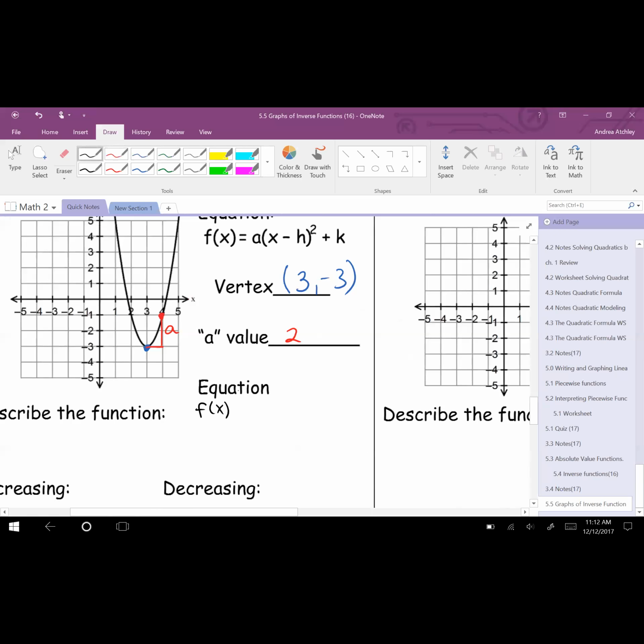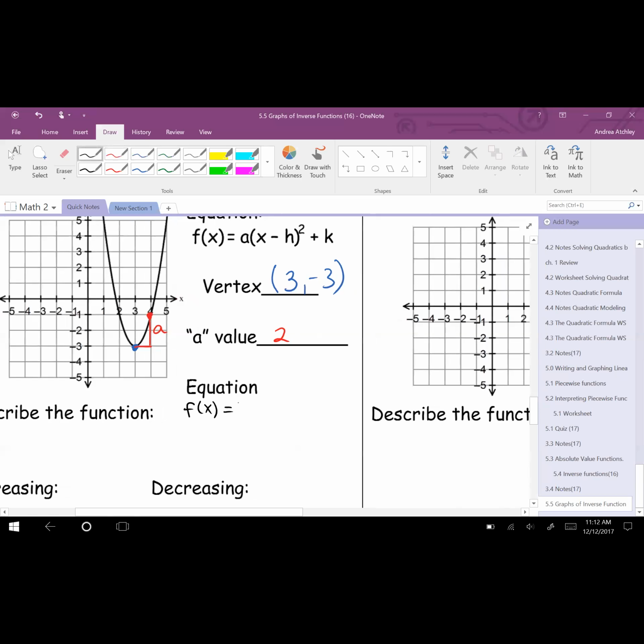F of x equals my a value of 2 times x minus 3 squared, and then minus 3. Remember, this one just comes down, and this one changes signs.